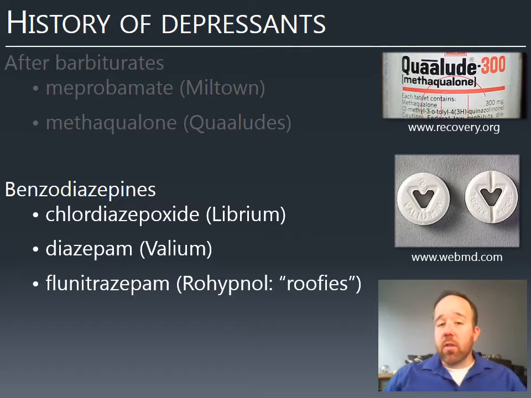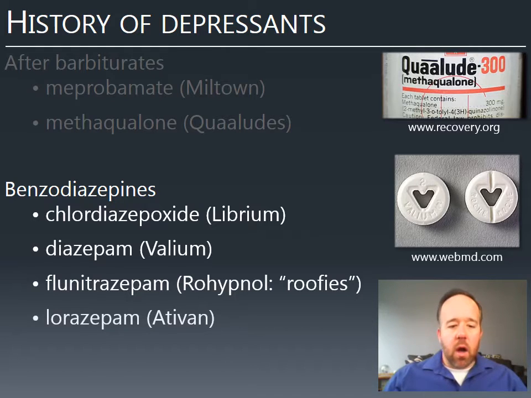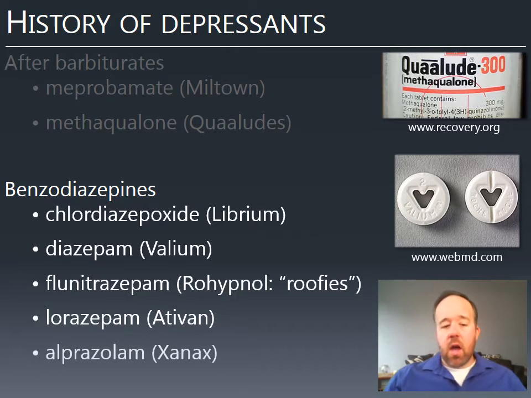They often don't know they're taking the drug, and so it's used to make them compliant and unable to resist the person who has drugged them. So that's a fairly famous one. You also have some like lorazepam, which is marketed as Ativan, and of course alprazolam, which is branded as Xanax. That's a very widely used anti-anxiety medication. It's also widely abused.